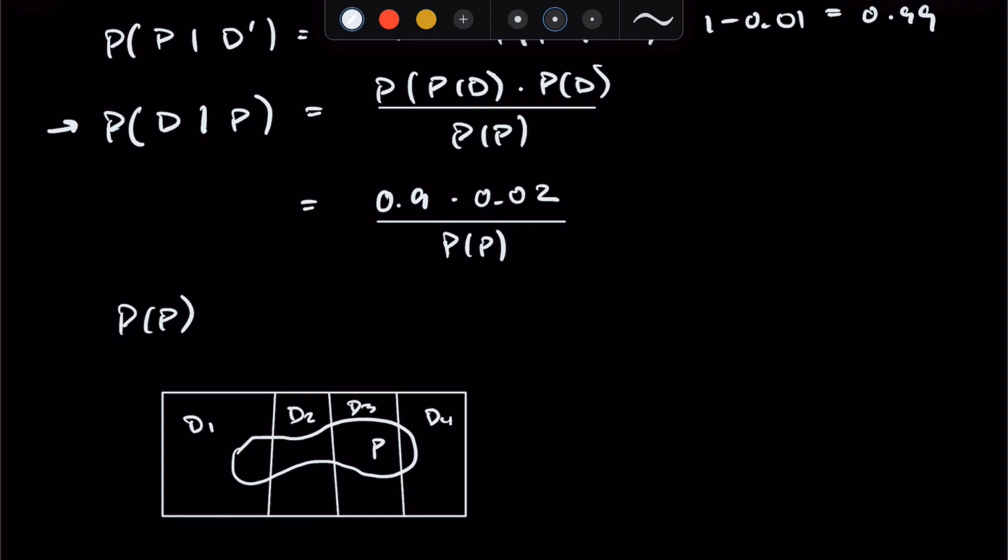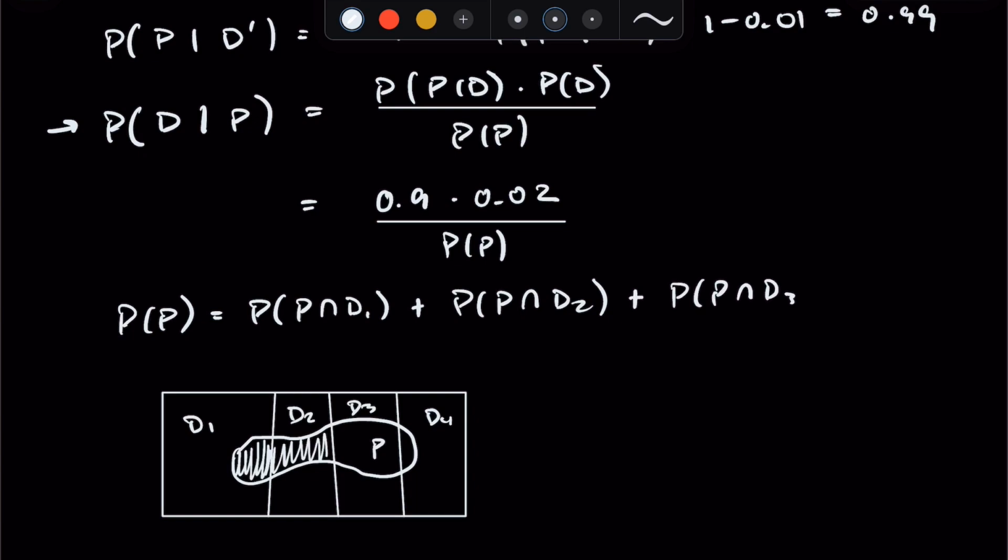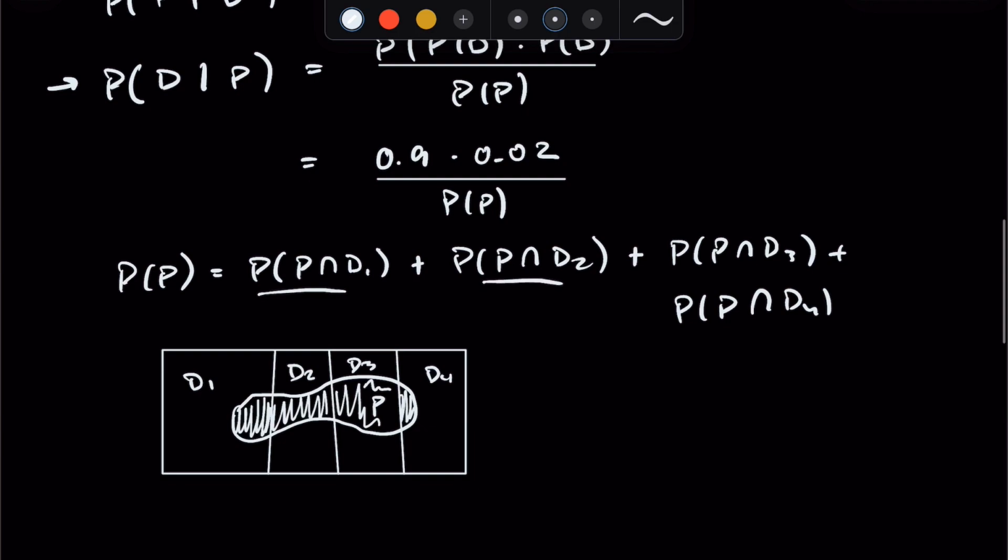To solve for probability of P, in this case, it would be analogous to the probability of P and D1, that would be that area right there, plus the probability of P and D2, that would correspond to this area, plus P and D3, all of that right there, and fourth probability of P intersect D4, this last little subset. So as you can see, these four individual terms summed together give us the probability of the event that we are trying to solve. So this is just the law of total probability illustrated in action.